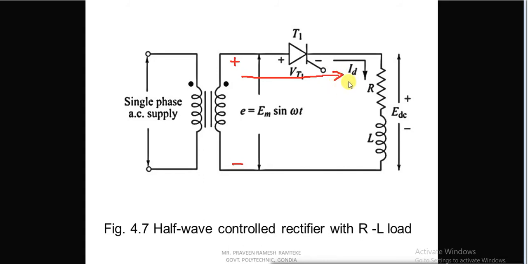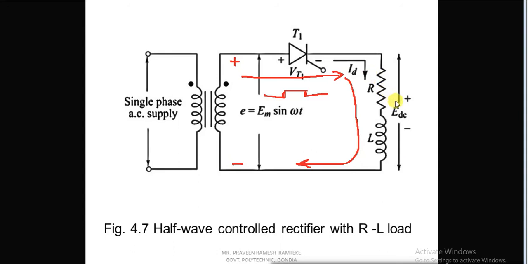After the SCR is triggered, the current ID will then flow through the resistive load, then through the inductor, and it will come back to the negative terminal. So here the SCR is acting as a closed switch during the positive half cycle.